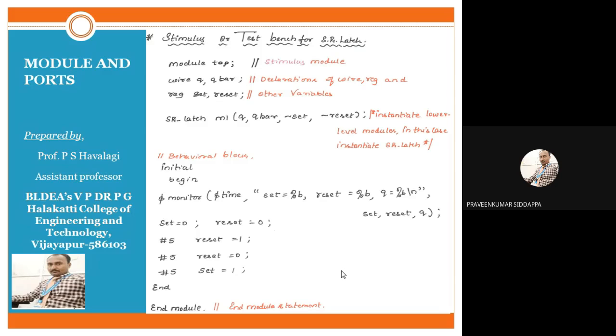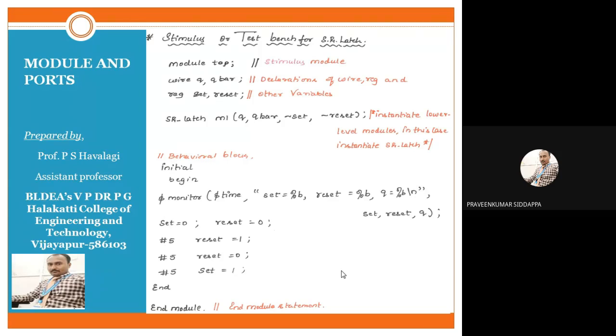The same inputs, if you are writing them in your test bench, we have to initialize by using register. In Verilog code we write the keyword input, but the same input, if we are initializing in a test bench, we have to call it a register.